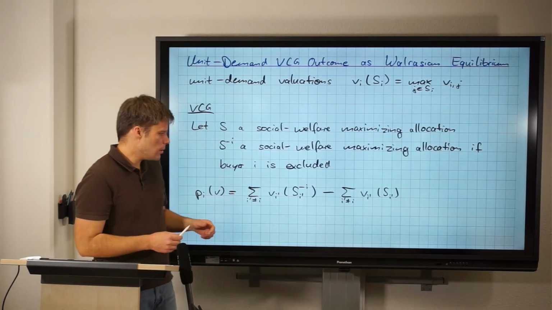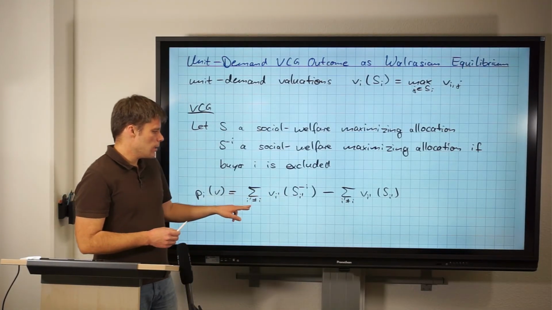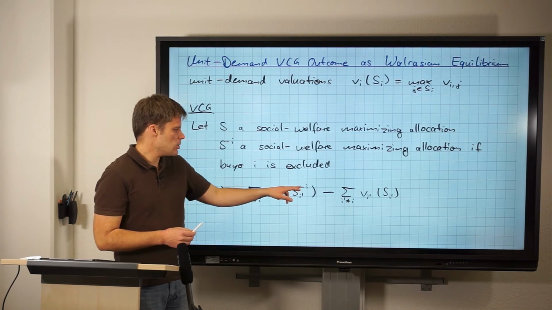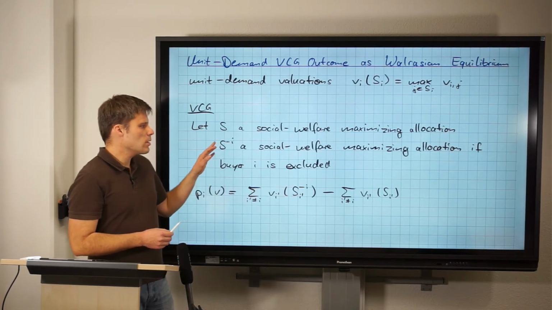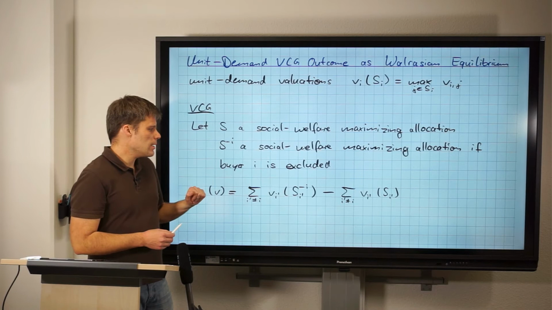So once again, here we are taking this allocation S_{-i}, in which bidder i is excluded.